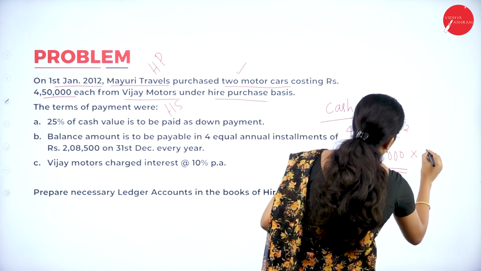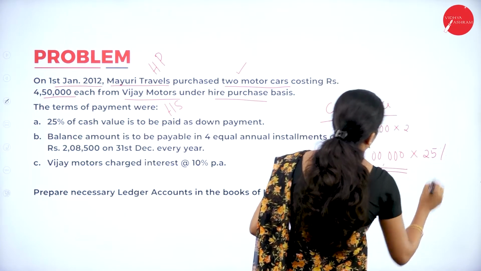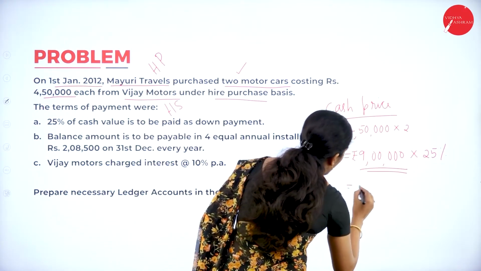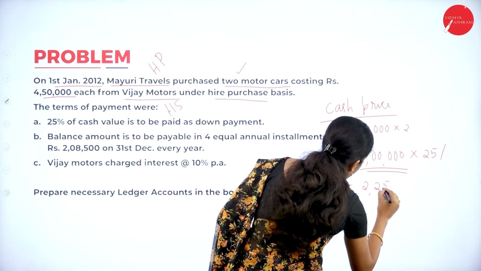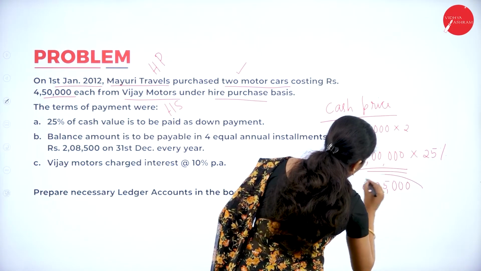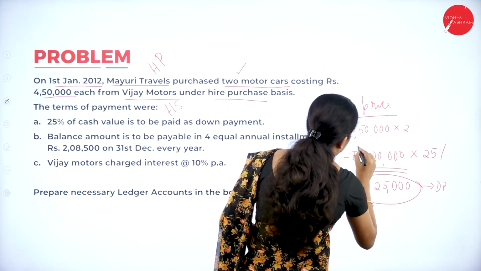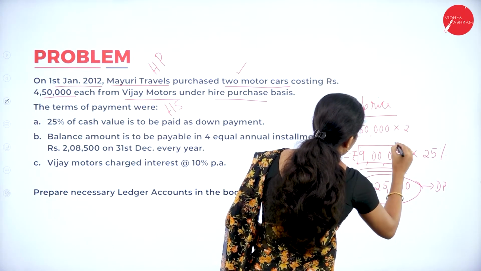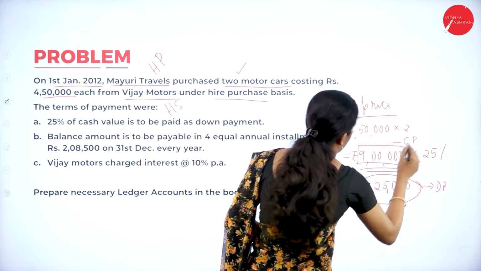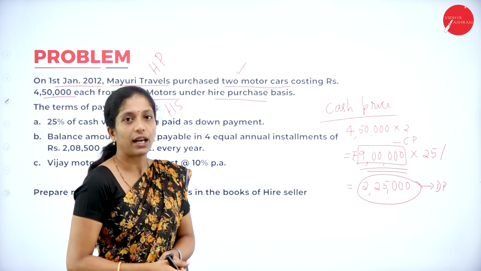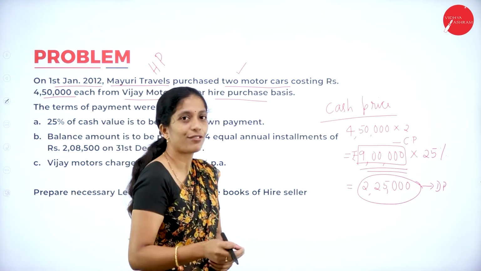So 9 lakh into 25%, we get 2,25,000. This is the down payment. The cash price is 9 lakh, out of which they have paid 2,25,000 as down payment on the delivery of the car.